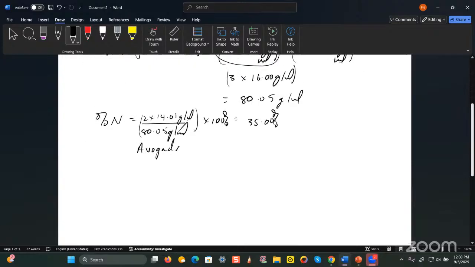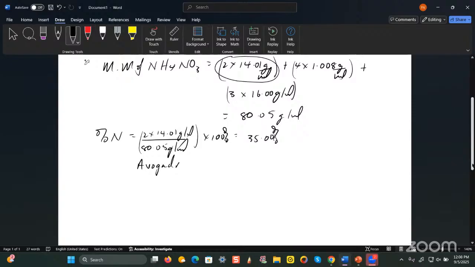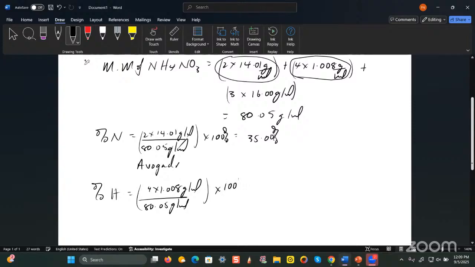And then we're going to do the same thing for the hydrogen. So that will be equal to, now this is the part for the hydrogen. So that will be 4 times 1.008 grams per mole divided by 80.05 grams per mole multiplied by 100%.